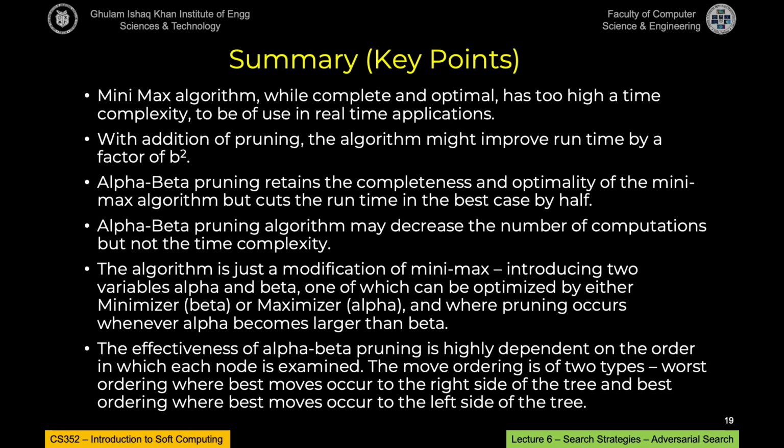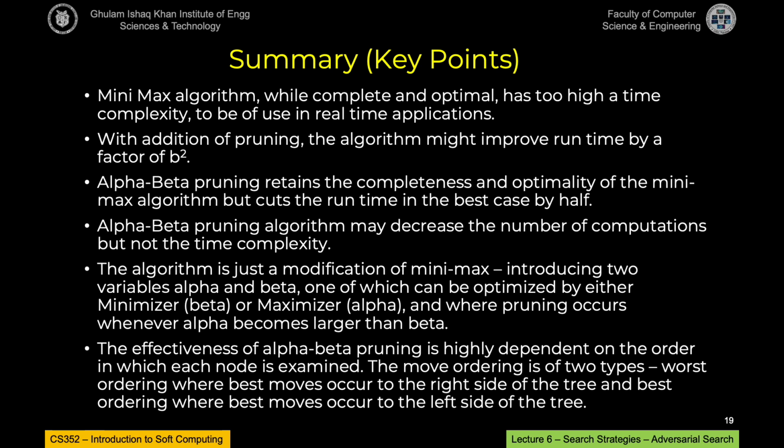So at the end of the section, let's do a quick summary of what we have seen so far in alpha beta pruning. First of all, Minimax algorithm, while complete and optimal, has too high a time complexity to be of use in real-time applications. With the addition of pruning, the Minimax algorithm might have a lesser number of computations, and the number of computations might decrease by a factor of b square, where b is the branching factor.